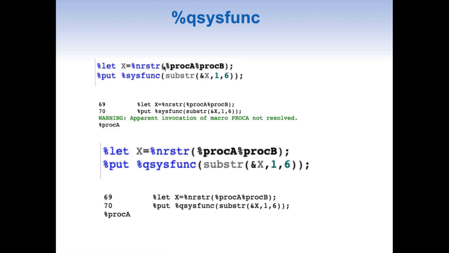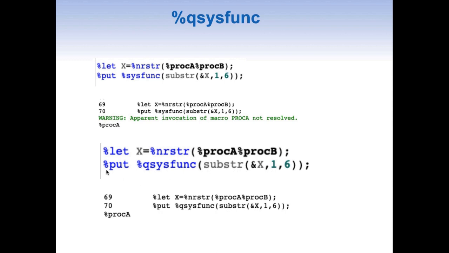So it extracts this particular value. But when we run these 2 lines of code, we also get a warning. This warning says apparent invocation of macro proc a not resolved, meaning it is looking for macro proc a, because whenever we execute a macro we simply give a % and the macro name.